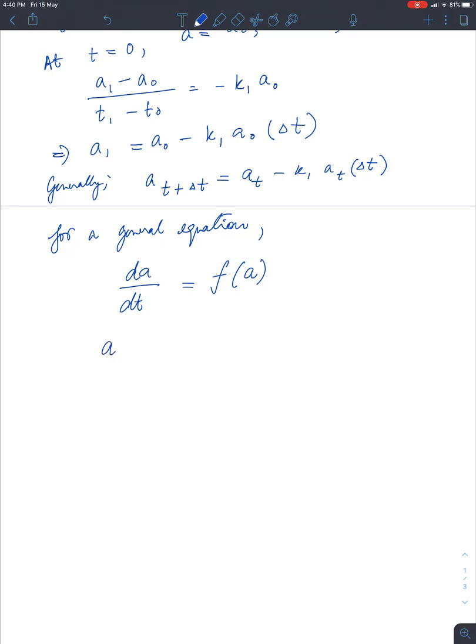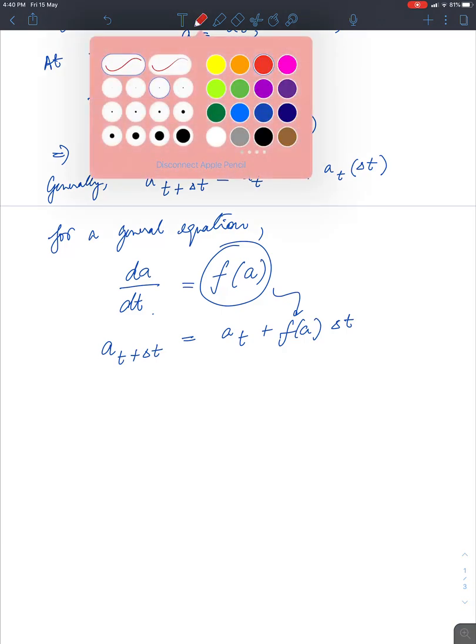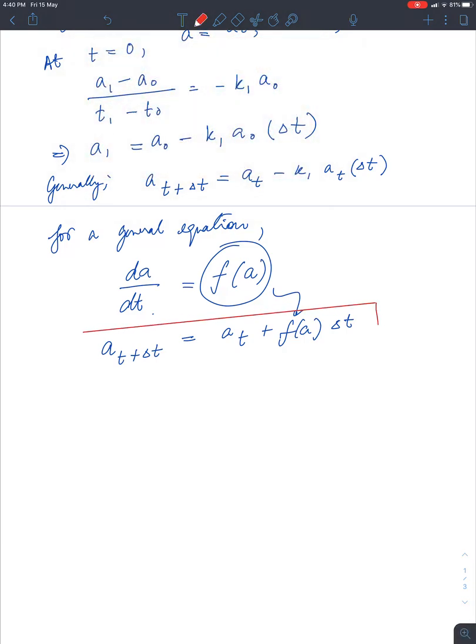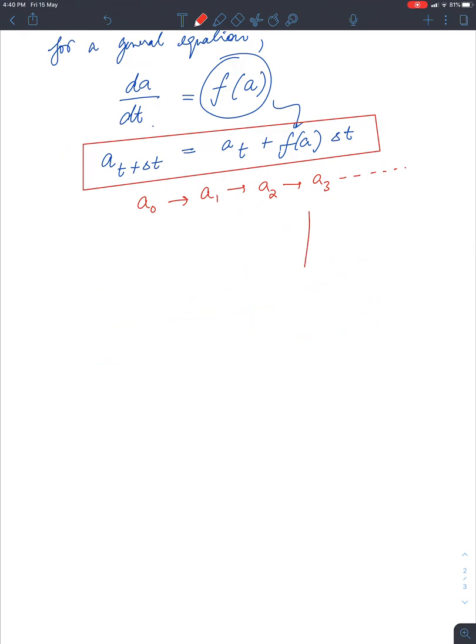We have A(t plus delta t) is equal to A(t) plus f of A into delta t, right? So that is the general formula. Once you have A0, then from there you can find A1, then you can find A2, A3, and so on and so forth.